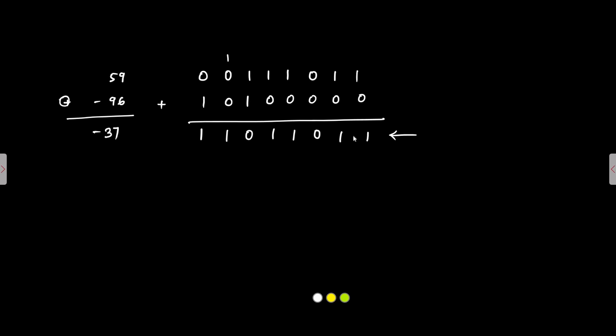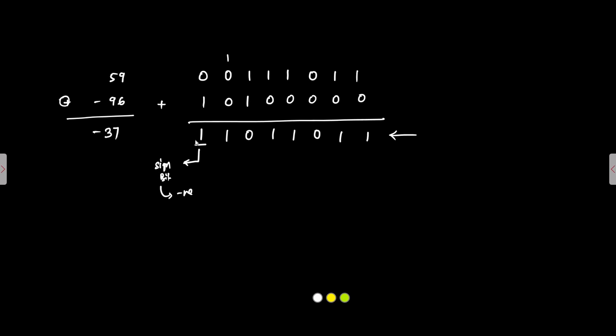Now we have to see whether this binary representation is also minus 37. For that we have to convert it into decimal form. Here the MSB, or the sign bit, is 1, so obviously it is a negative number.